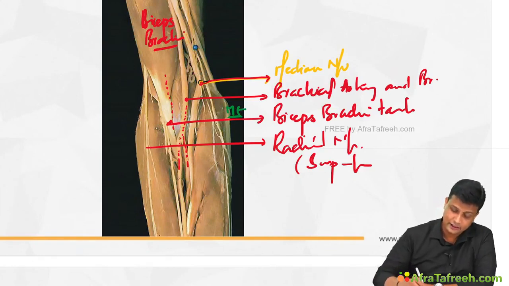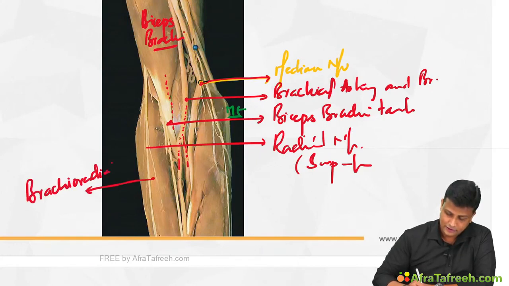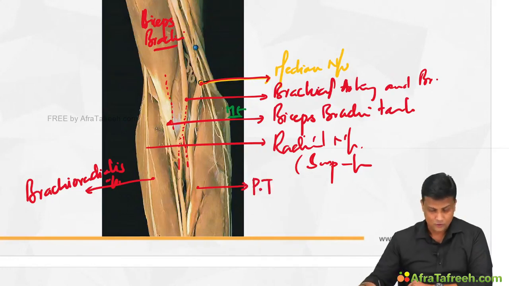On the lateral side, you'll be actually having a big bulky muscle over here, and that's your brachioradialis muscle. So on the lateral side, you'll be actually having the brachioradialis muscle. Okay, and whereas on the medial side, you'll be actually having the pronator teres muscle, guys. On the medial side, you'll be actually having pronator teres muscle.